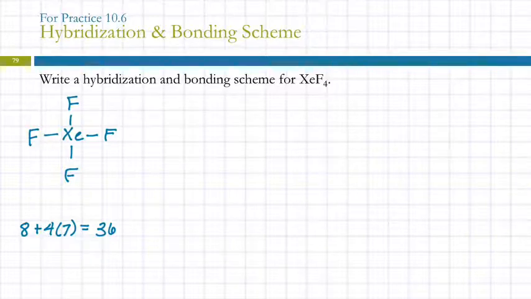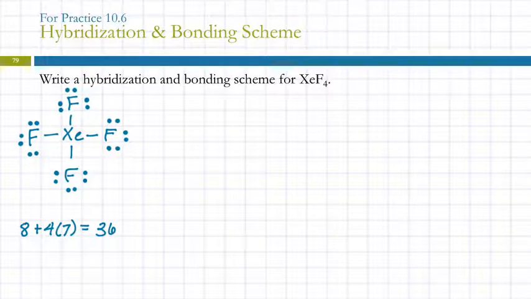I've got 2, 4, 6, 8, 10, 12, 14, 16, 18, 20, 22, 24, 26, 28, 30, 32. We have 4 more electrons. Where do I put them? On xenon. Xenon can expand its octet. 34, 36. Okay, Lewis structure for xenon tetrafluoride.